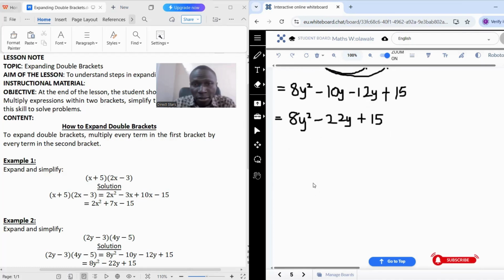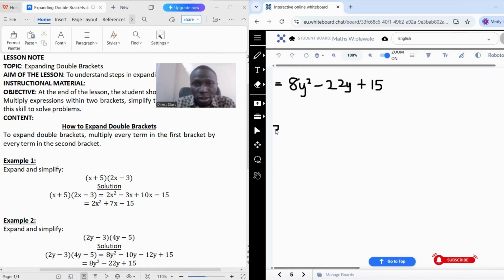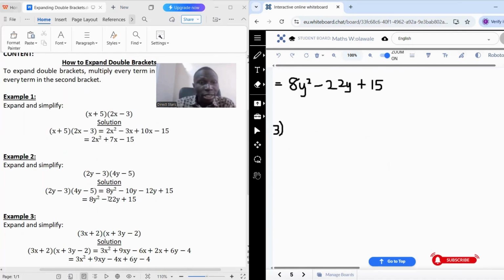Now to the last example in this topic. Here we have to expand and simplify (3x plus 2) multiplied by (x plus 3y minus 2).